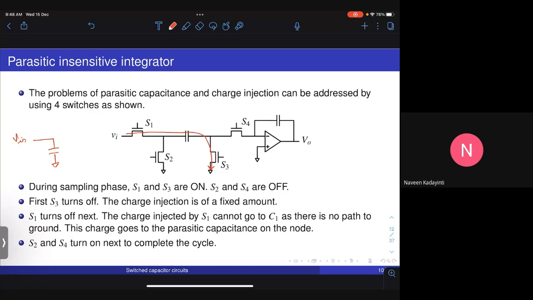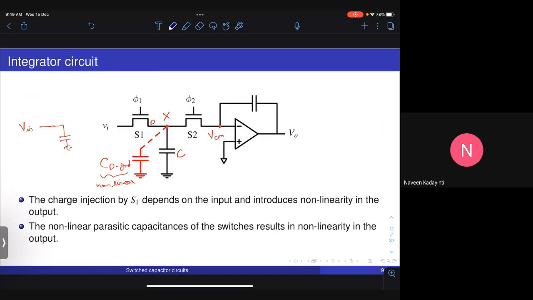That's all. Okay, and in the second phase, the integrating phase, S1 and S3 open and S2 and S4 get closed, in which case the circuit looks like this. So effectively it is the same as this.